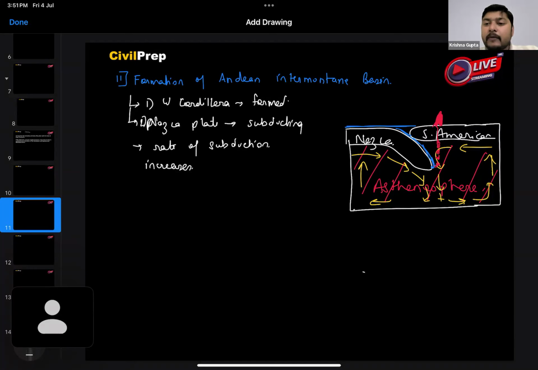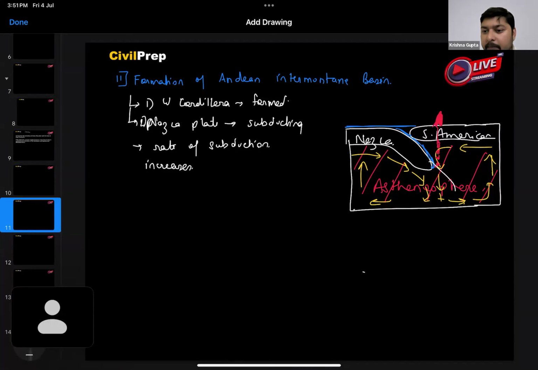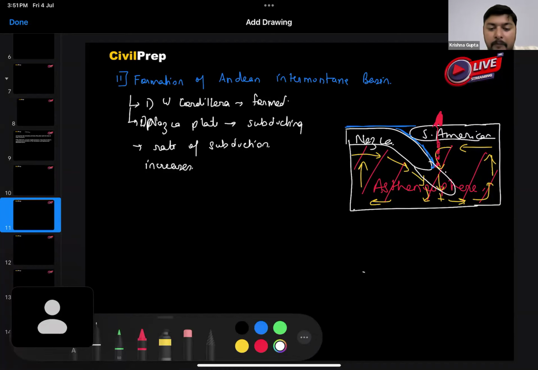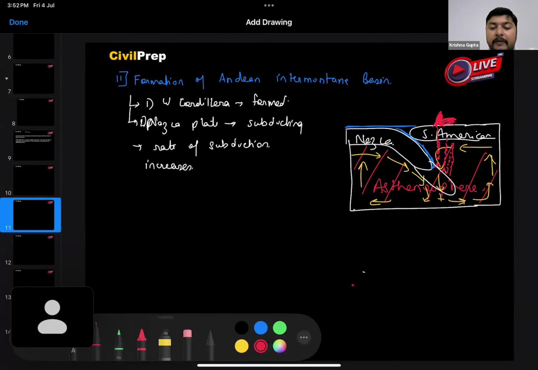And as the rate of subduction is increasing, here we'll be seeing that this Nazca plate is moving forward, and here there is formation of magma. So magma is forming here. It is resulting in the pushing of the crust upward. But it has not resulted in the formation of mountain.